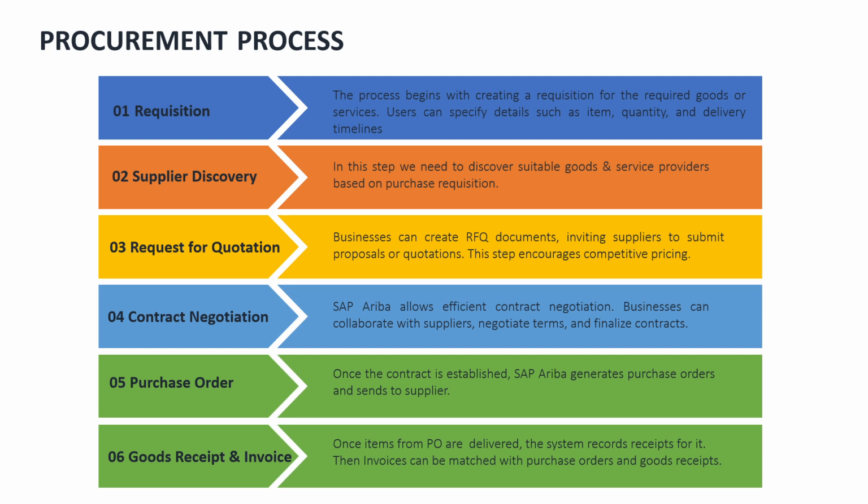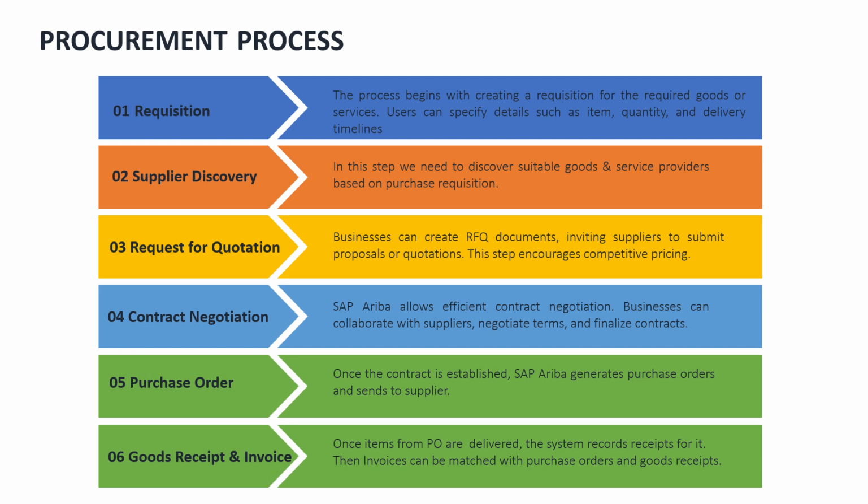In this, the businesses can create RFQ, that is the request for quotation documents. Okay, and inviting suppliers to submit proposals or quotations, and this step encourages competitive pricing, means we can get the best price for our requisition.